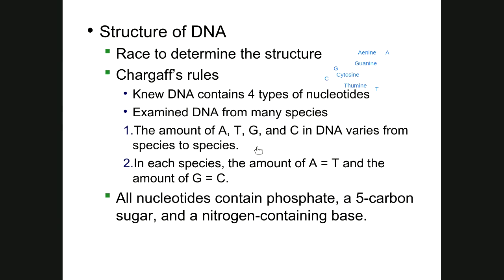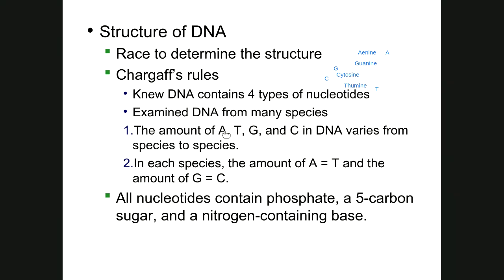What does it mean? It means that if I have adenine, A, at 25%, suppose, it does not mean that all of the other students in my class, 30 students, all have the same amount. No, it is different from each other.